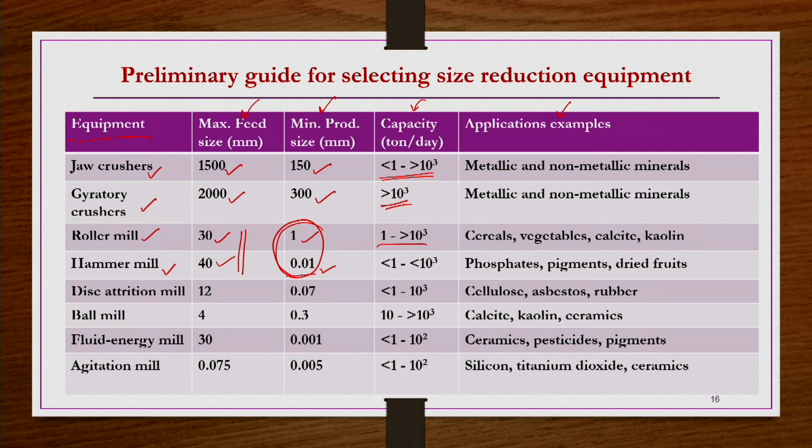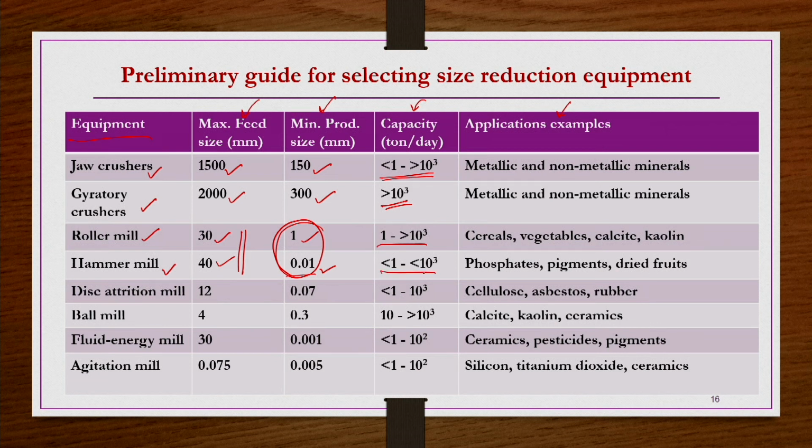So, though the feed is of suitable range for the roller mill, you have to go for a hammer mill if your product size requirement is finer than 1 mm.